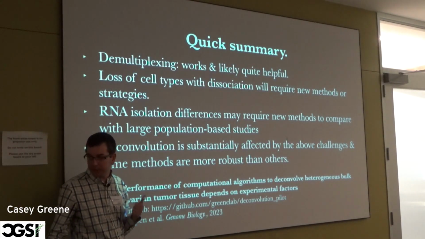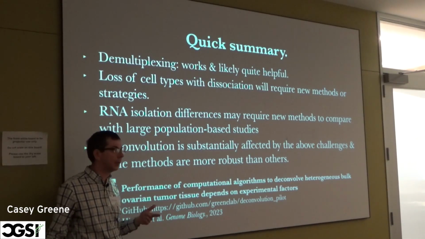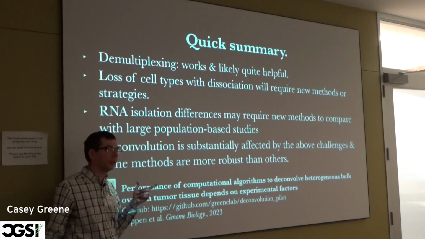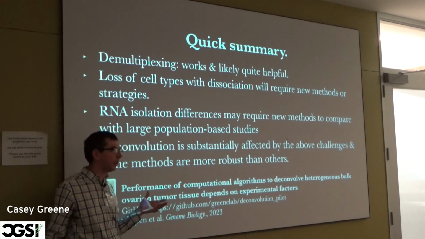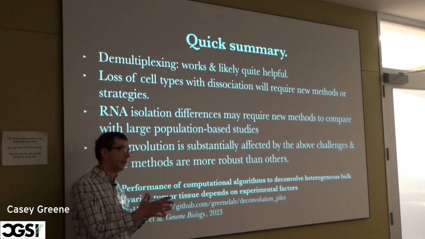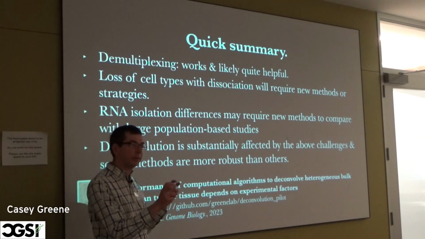So here's the quick summary. Demultiplexing works. The loss of cell types is actually a pretty big issue. We think this is one of the biggest issues. I think one of the reasons Bayes Prism works has nothing to do with the nice methodological parts of the approach. What it essentially does is it has one cell type that's much more flexible than the others, which is ideally the cancer cell type.